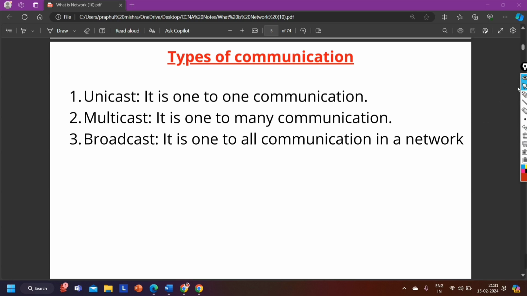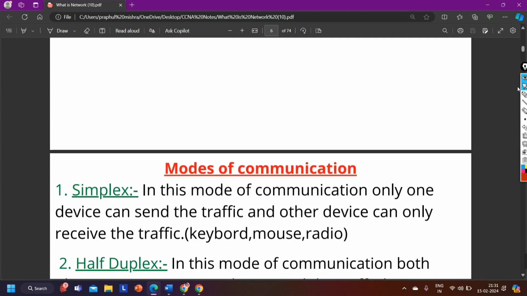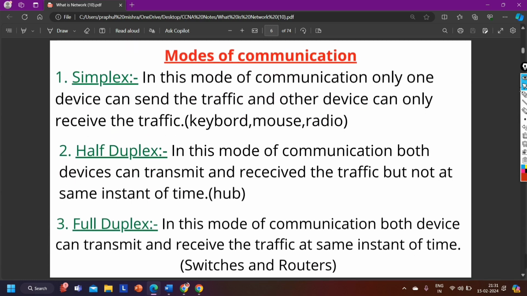Okay, so I hope the types of communication are also clear to you. Today I am just covering basic things, basic terms in networking. First of all, I have to make you familiar with the basic terms, and then I will start actual networking. Don't worry, actual networking is very easy, but try to understand all of these things very carefully, because I am going to use all these terms in all upcoming classes.